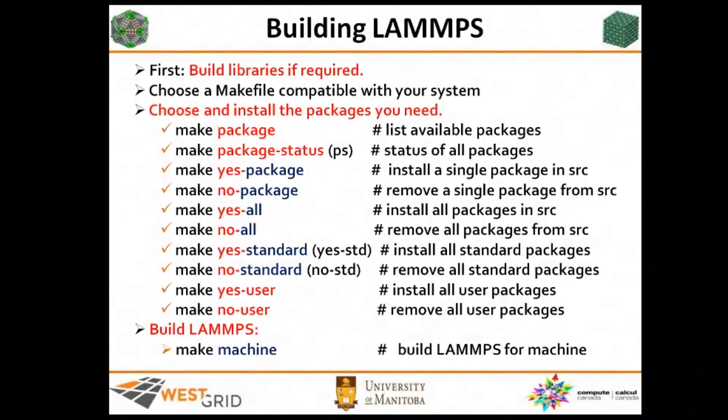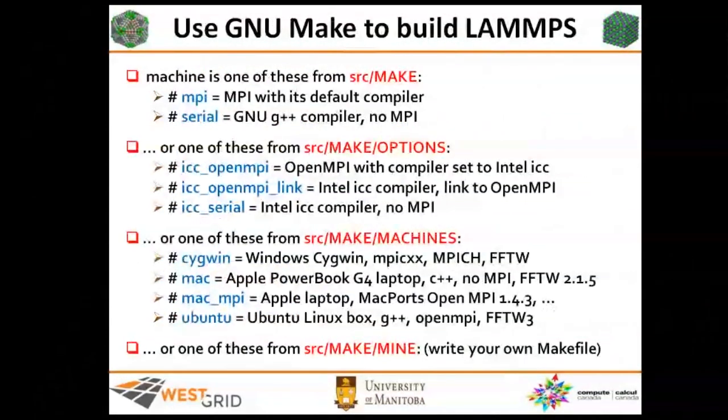For the makefiles, there are different ones. For example, you can use MPI, serial, ICC, OpenMPI, and so on. So I will do a short demonstration on how to build LAMMPS. For this, I have to switch to the terminal.